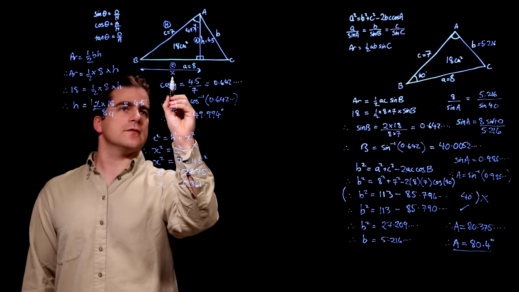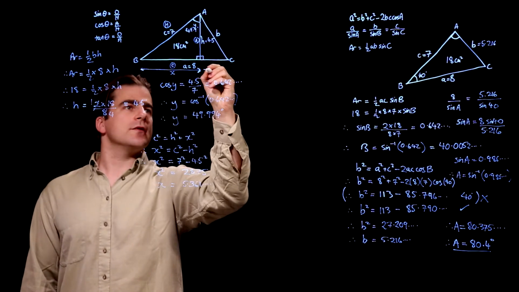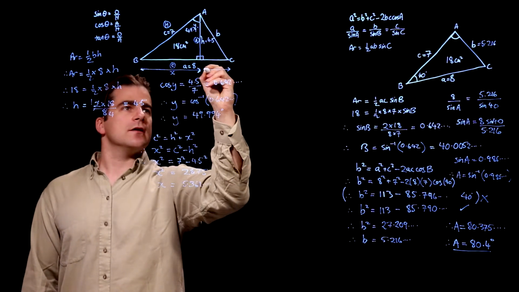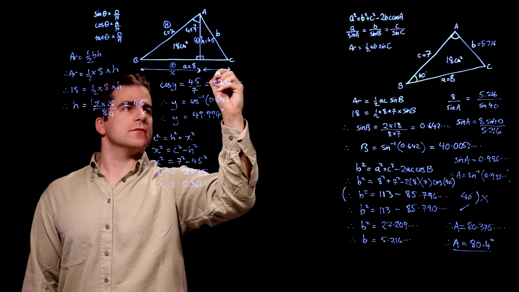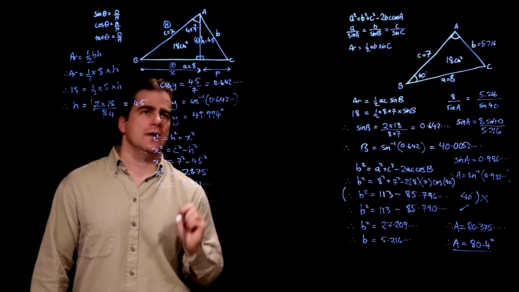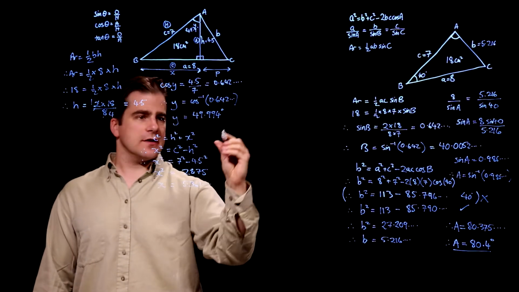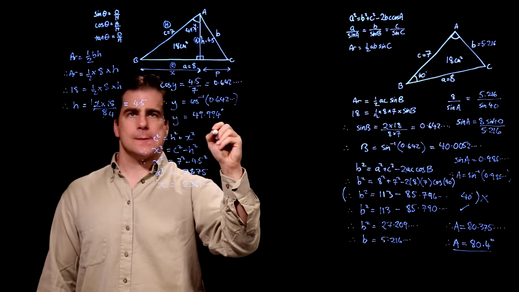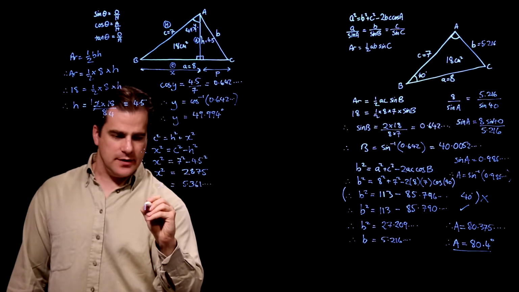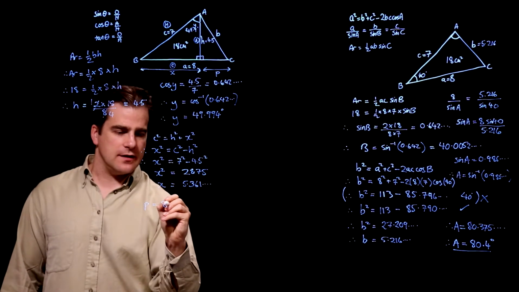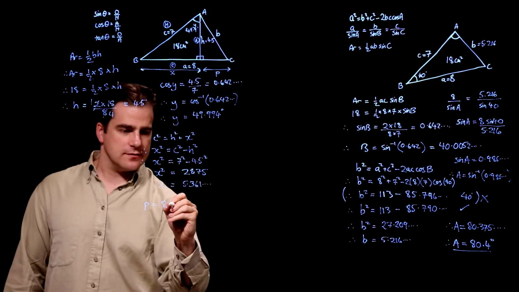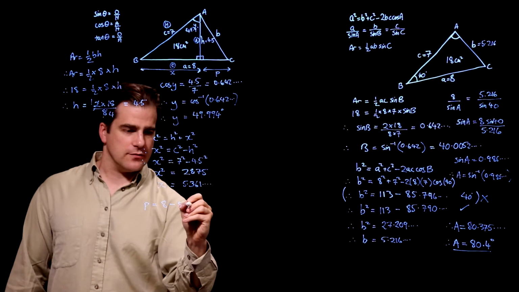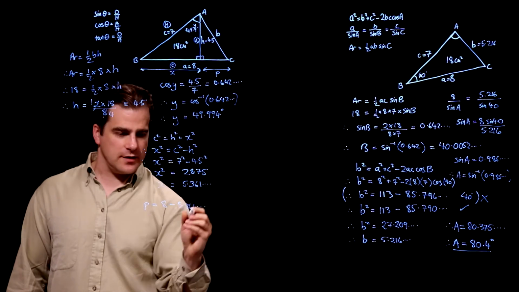Okay, so we know x, therefore we can work out, let's call it P. P is just going to be 8, the whole thing, minus x, which is 5.361, something, something.